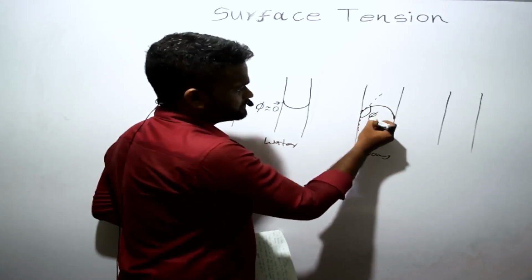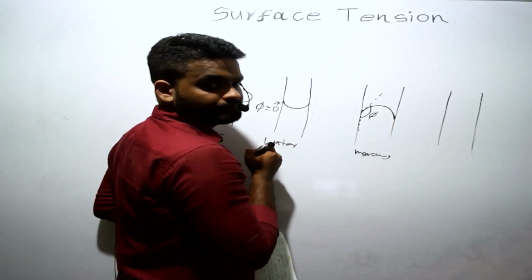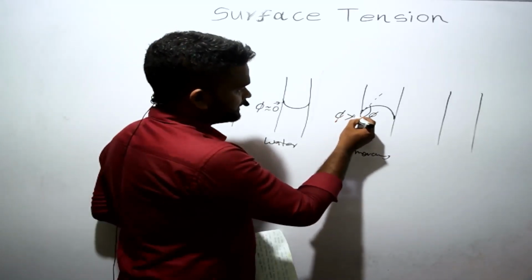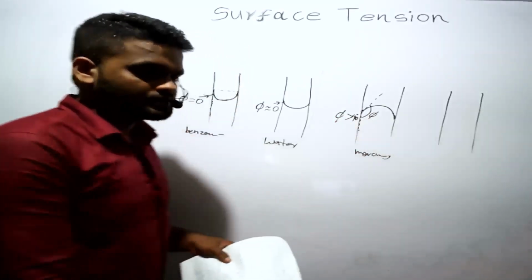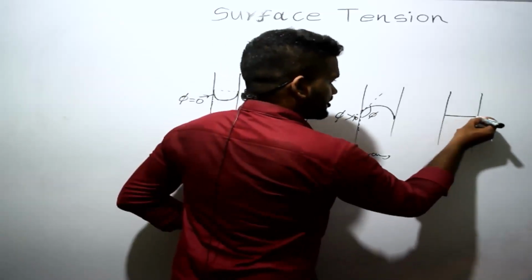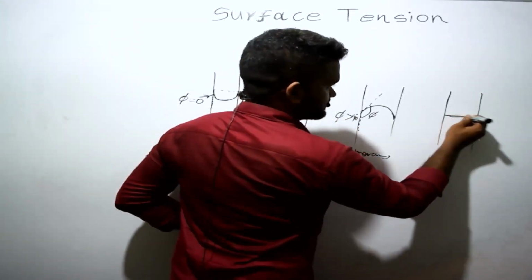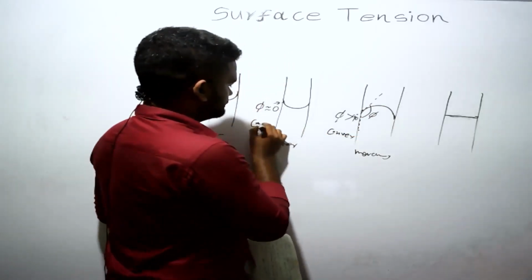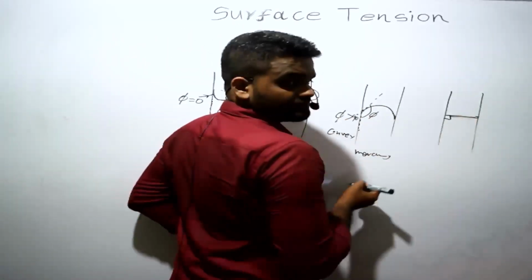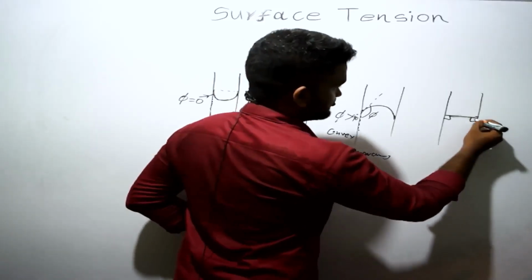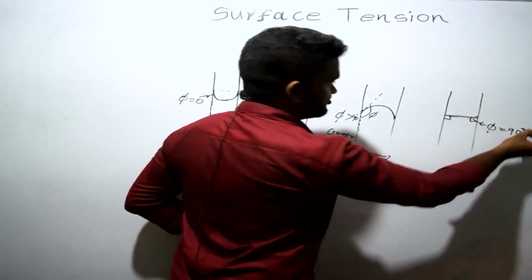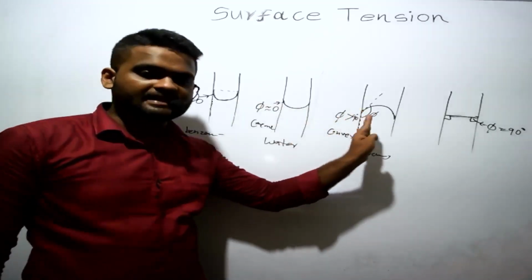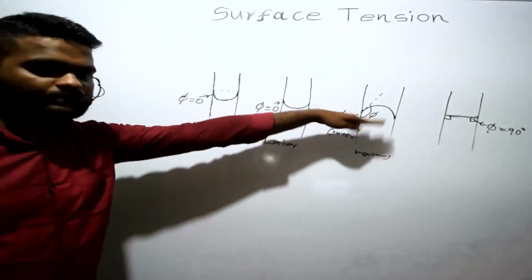This is 5, and you can see this is greater than 90 degrees, obtuse. If you have a plane surface, and this is convex, this is concave, then with a planar surface the contact angle is 90 degrees. So depending on the liquid and the material, they can have different shapes.